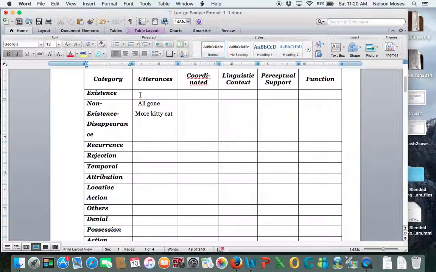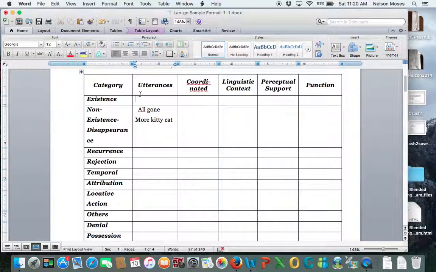But what you do is, if the utterance fits into one of these content categories, you would rewrite the utterance in column 2, next to the appropriate content category. So if the kid said cat, you would put it here.